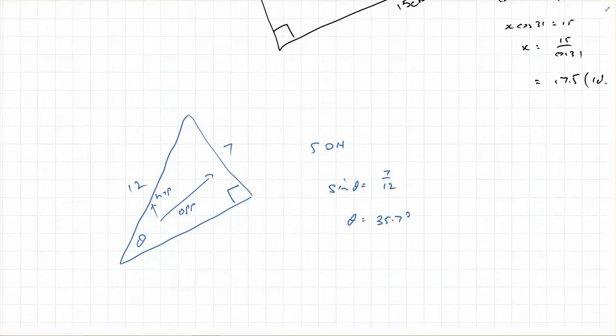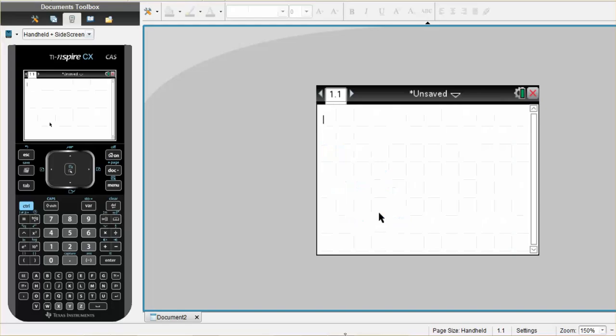Final example here is to work out what this angle is. We're given a couple of sides, the opposite and the hypotenuse. Opposite and hypotenuse in SOHCAHTOA, that's sine. Sine of this angle will equal 7/12. So we get our calculators out and we put in sine inverse 7/12.